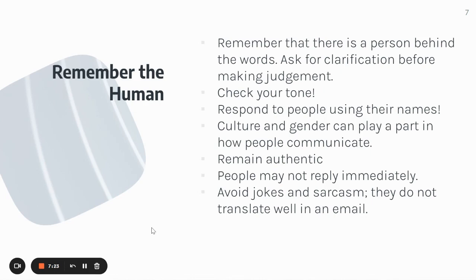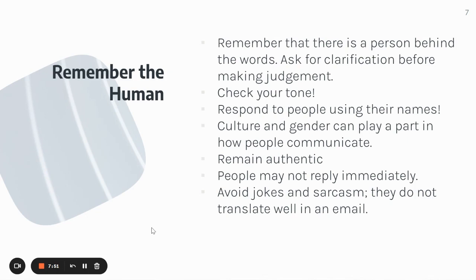However, do keep in mind that if it is something that's going to take you a while to answer, maybe they're asking for a question that you have to find the answer to, it may not be a bad idea to reply and let them know within an hour of that response. Let them know that this is something that's going to take you more than a day to gather. So please understand that you are not ignoring them, but it is going to take some time to gather that information.